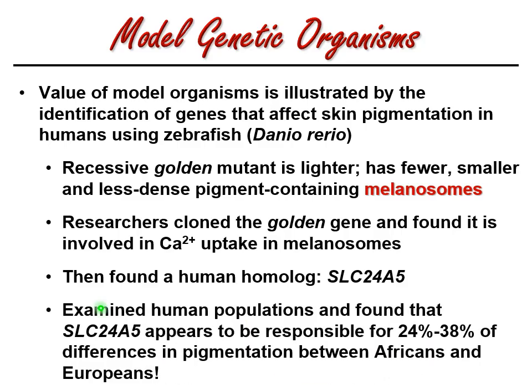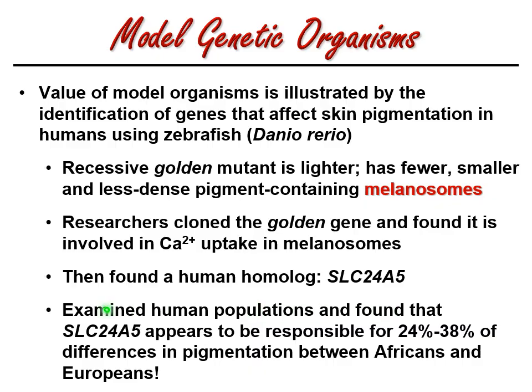So later it was determined, if you examine human populations, that, and we did some transmission genetics, some molecular genetics to figure out calcium uptake and the function of this gene product, and a little bit of in silico work where we searched the gene against the human genome. Then they examined human population genetics data.